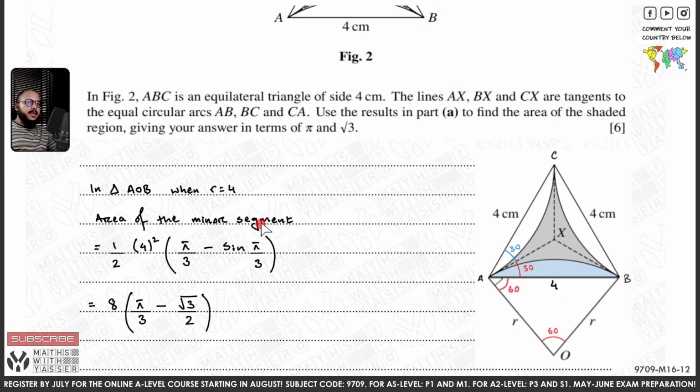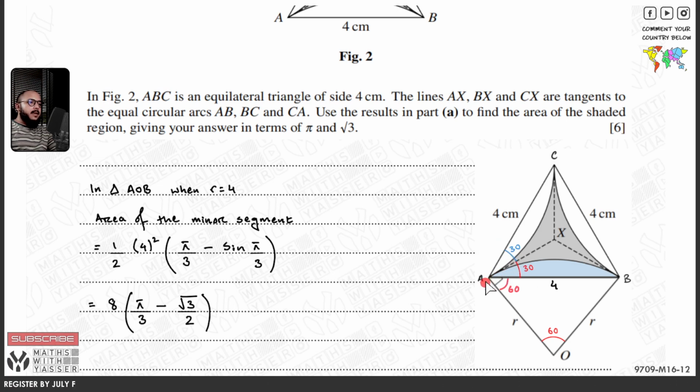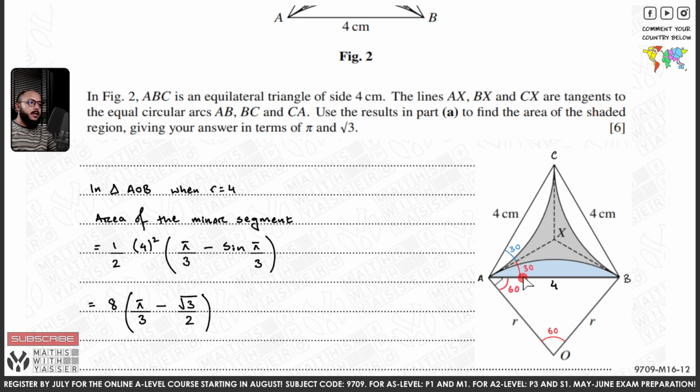So area of the minor segment now, using the formula which is half r squared theta minus sine theta, where radius is 4 and theta is pi by 3. The reason why this is pi by 3 is because for this equilateral triangle, we know that each interior angle must be 60 degrees, and the line AX is bisecting this angle, so it becomes 30-30, and AX is the tangent meeting the radius at 90 degrees.